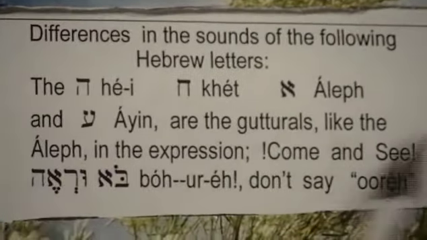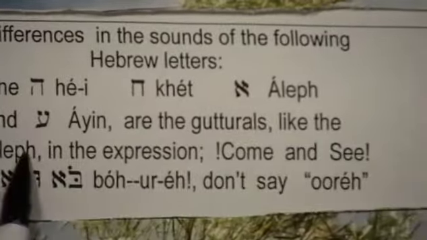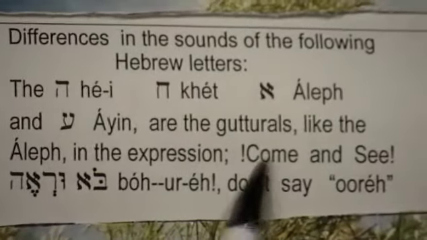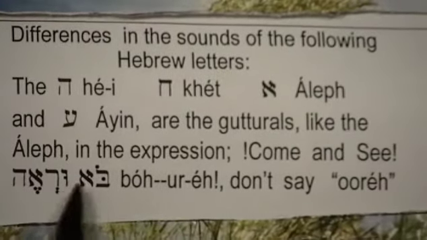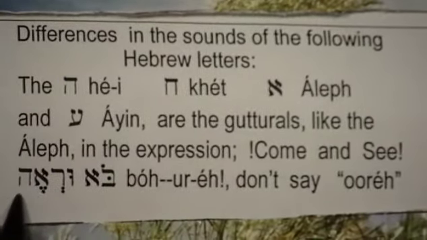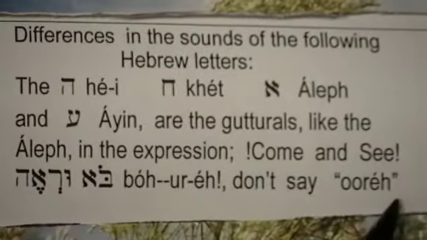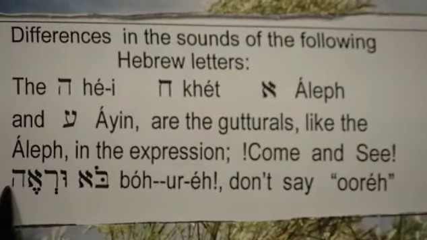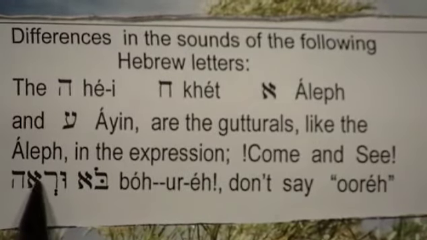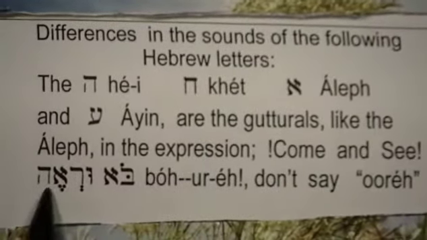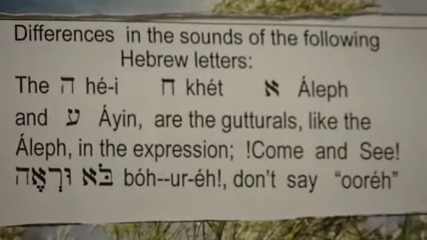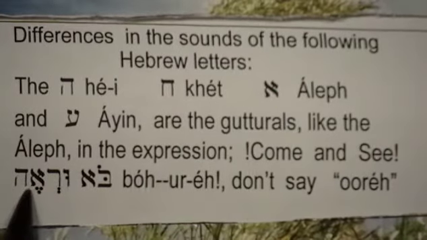Like with the aleph, we have the expression, come and see. You will say, bo u're. Don't say ure. No. You have to remember this is a guttural letter. The sound comes from the throat.